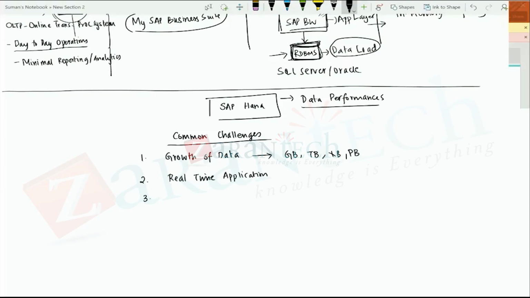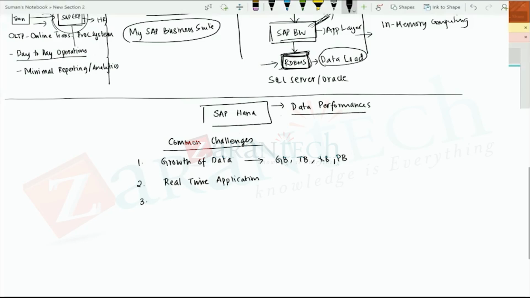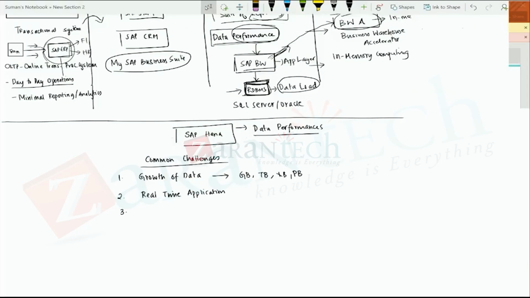The third thing is, if you're working in an SAP environment or in a non-SAP environment, if you're working in the IT field, you will soon realize that gone are the days where people were willing to wait for a report to generate in half an hour or 45 minutes or an hour, right? Those days have gone. People want data instantaneously.